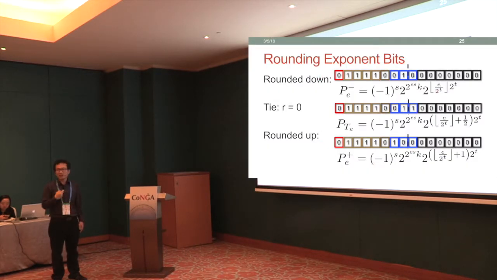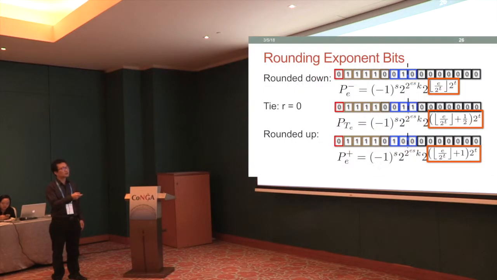So if we analyze the formulas of these three numbers, focusing on just the exponent part, since we are rounding the exponent bits, we can see that the midpoint corresponds to having the t bits value equal to 2 power t minus 1, in addition to the 0 fraction bits and also the remainder equals 0.